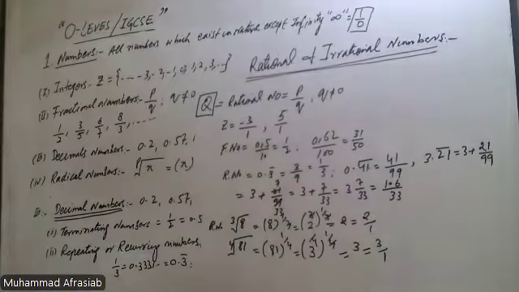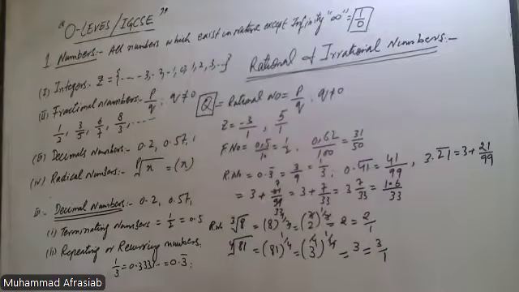So all radical numbers which have an exact value are called rational numbers, and those which don't have an exact value are called irrational numbers. Let me explain the second phase, which is irrational numbers.